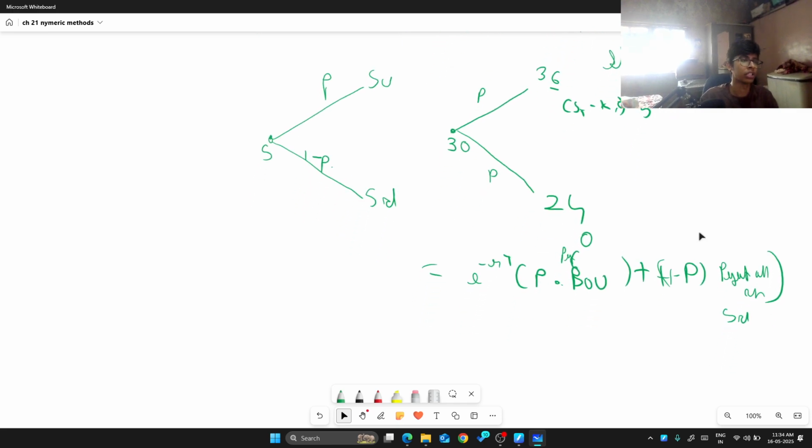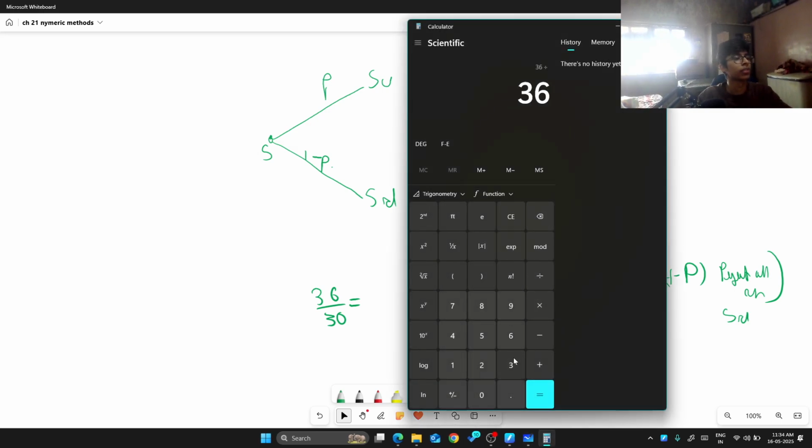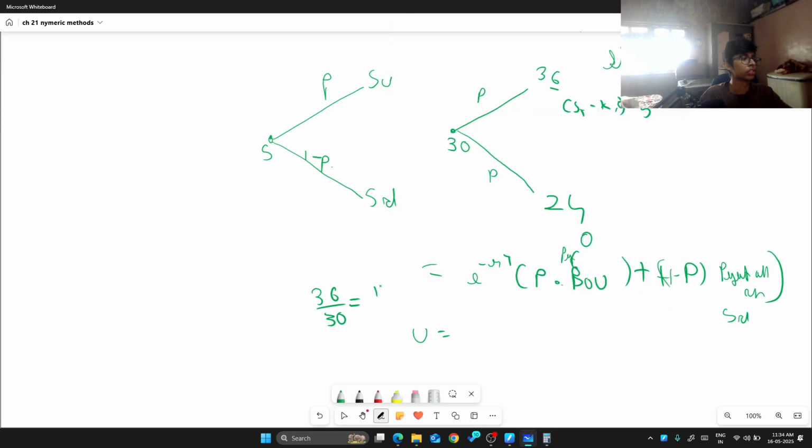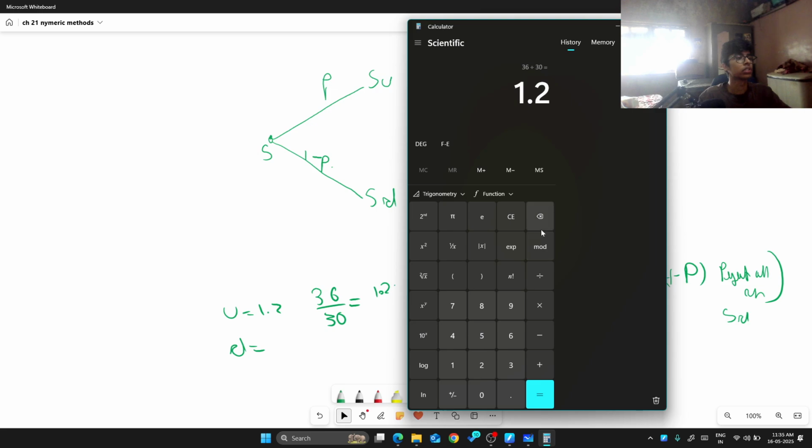So the up movement u is 36 divided by 30, that is 1.2. And down d is 24 divided by 30, that is 0.8.